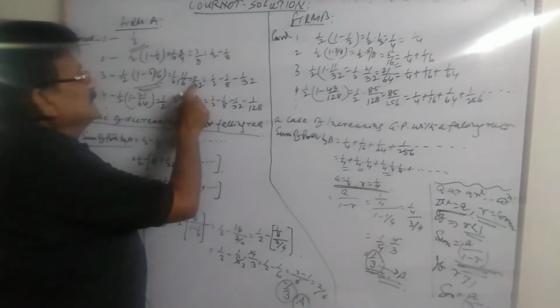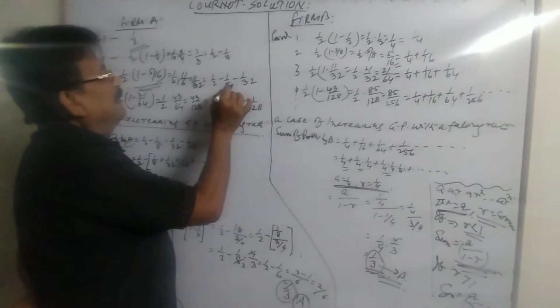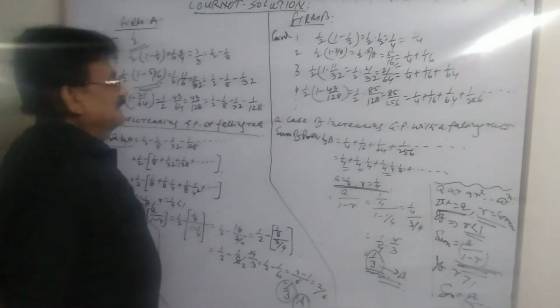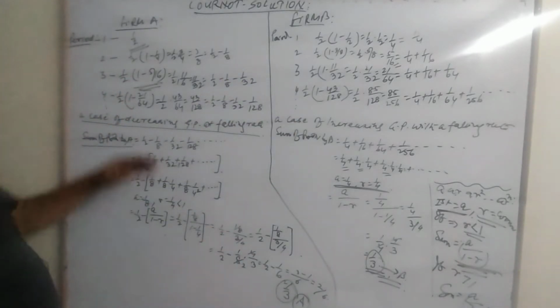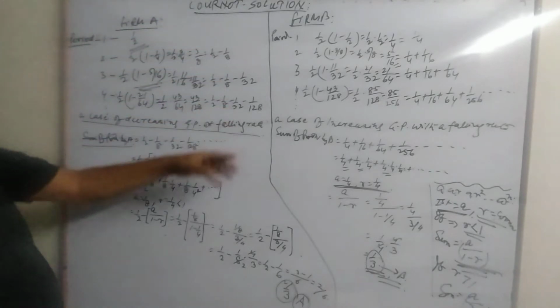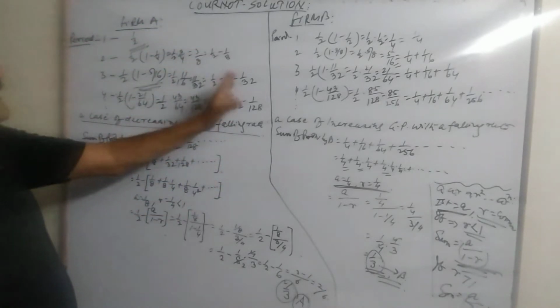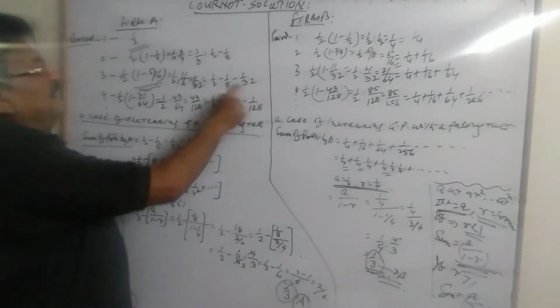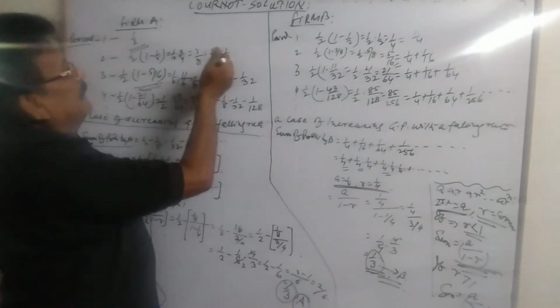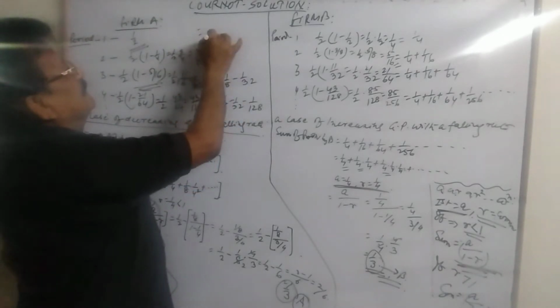Now this 11 by 32 could be written as half minus 1 by 8 minus 1 by 32. Yes, because this whole thing is going to make a GP. So this is what is written; it equals 11 by 32, and it could be cross-checked.